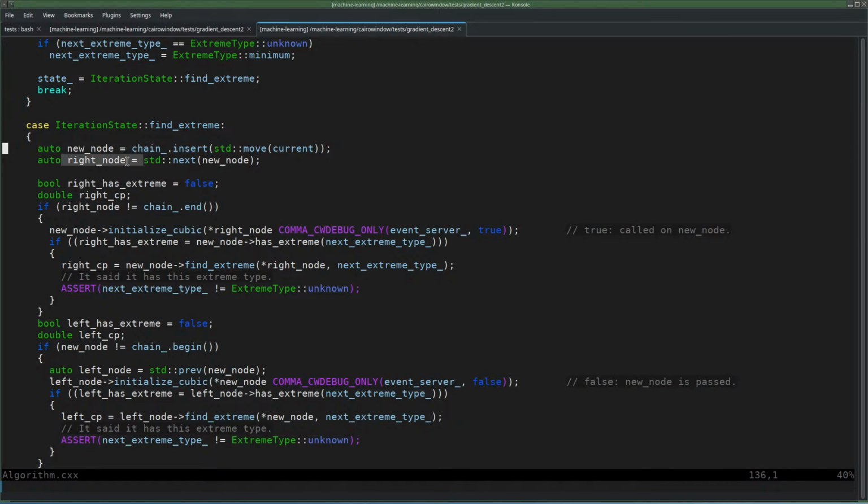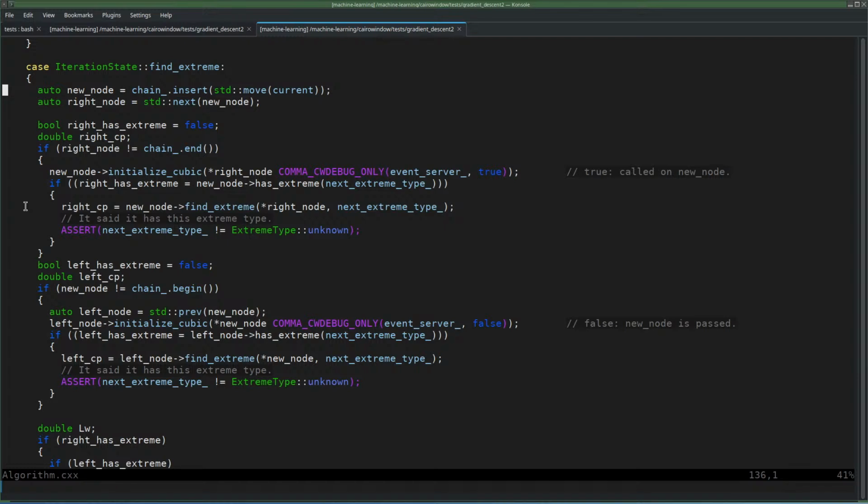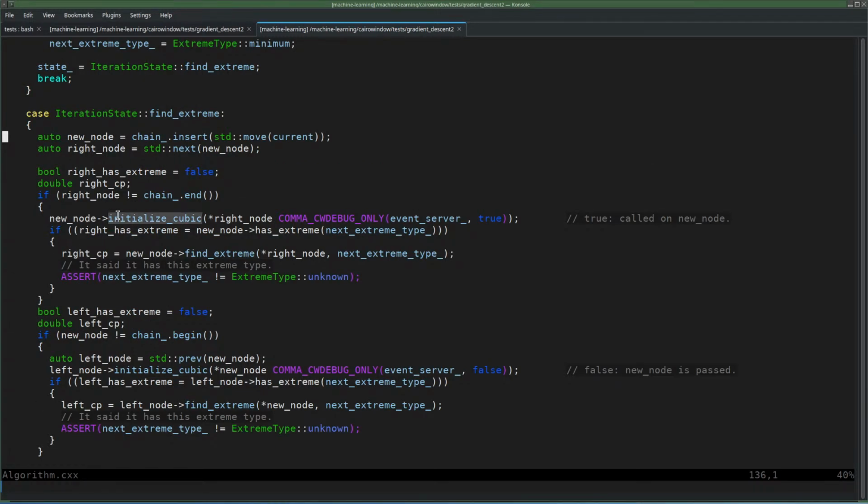The right node is the next node, meaning larger W value, so to the right, that means point 1. So point 1 is not at the end, because it exists. And then that cubic is initialized, fitted through point 2 and 1.